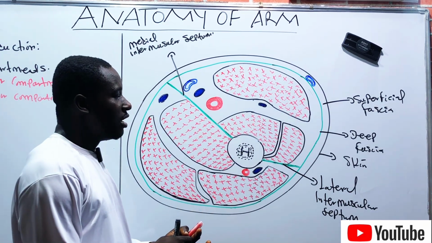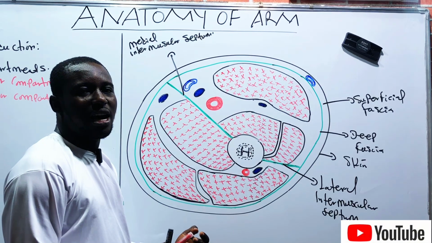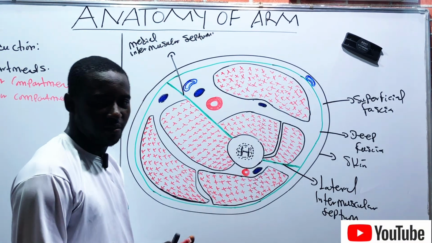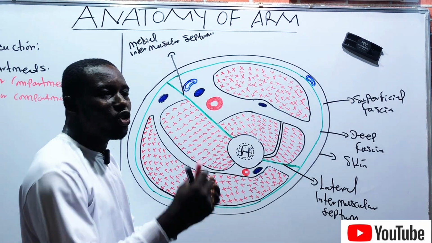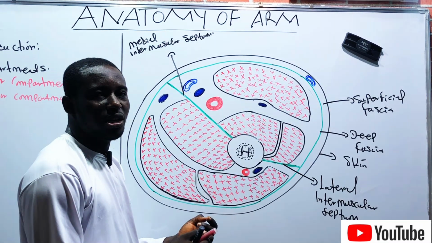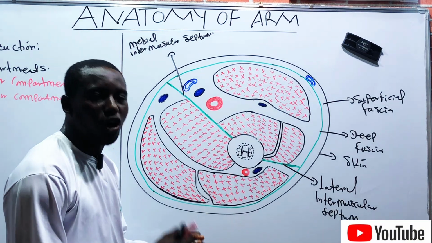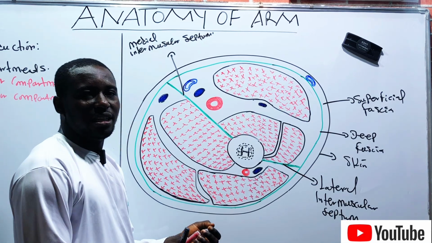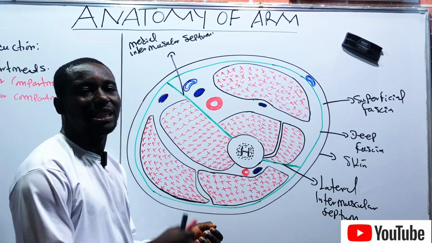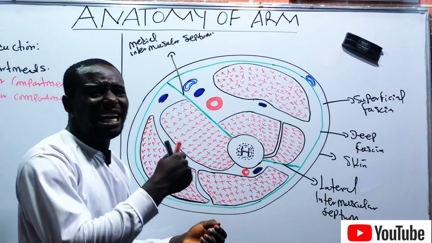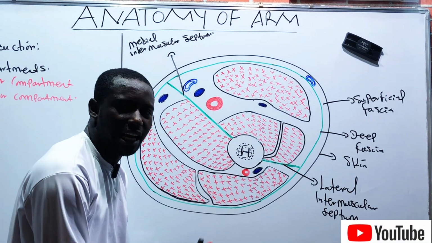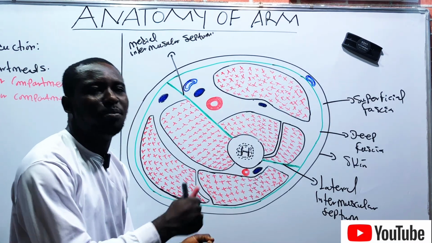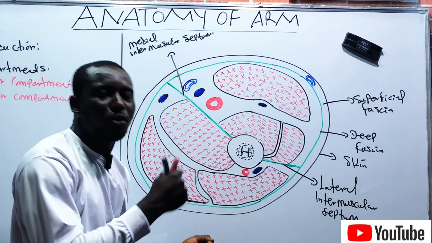Recall that the compartments of the arm have their own muscles, vessels, and nerves. But that does not mean that there is no interconnection of structures between the anterior and posterior compartment, because the radial nerve and the radial collateral artery pierce the lateral intermuscular septum to enter the anterior compartment, while the ulnar nerve and the ulnar collateral artery pierce the medial intermuscular septum to enter the posterior compartment.